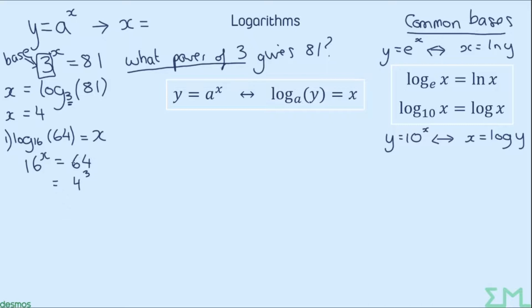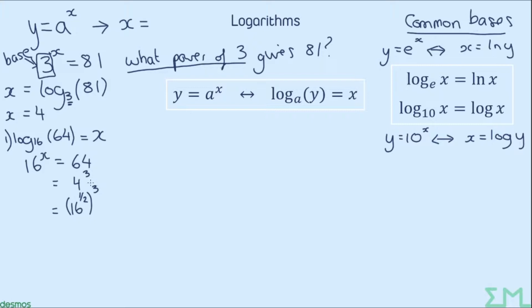So if we write that 64 as 4 cubed, then we can write 4 as 16 to the half, raised to the power of 3. So that's all equal to each other. 64 is 4 cubed. All I've done from this step to the next is replace the 4 with 16 to the half, because that's the square root of 16, which gives us 4.